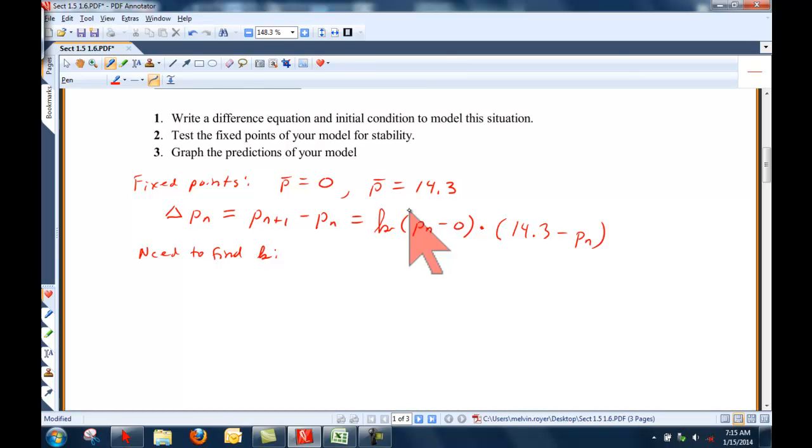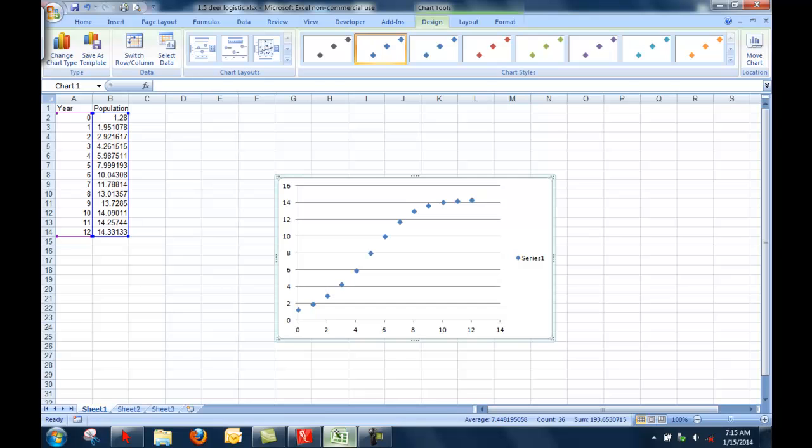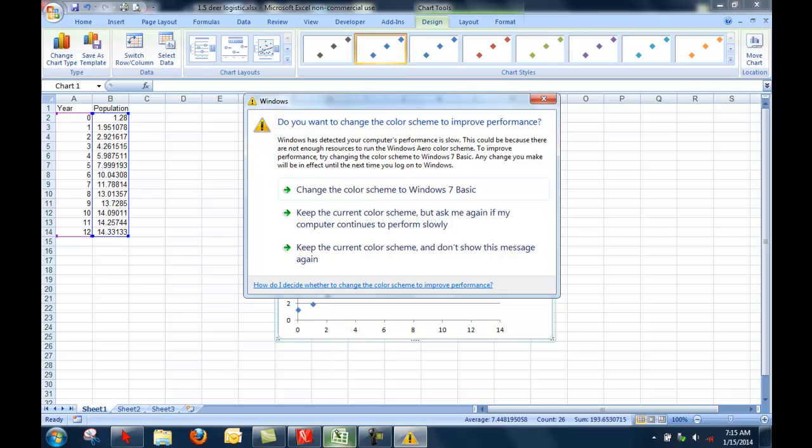It turns out that our eye is not quite so good at seeing how closely one logistic curve follows another logistic curve. We're better at seeing trends in lines, seeing errors in lines. So let's go back to a spreadsheet and let's force a linear relationship here and do a graph.